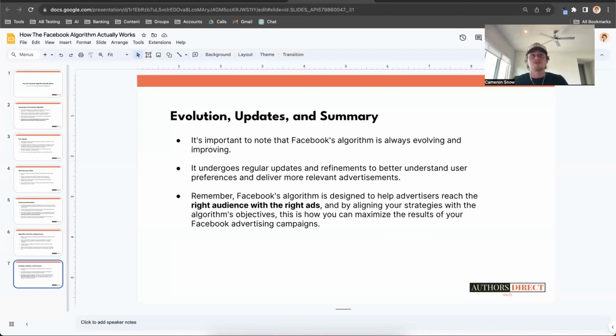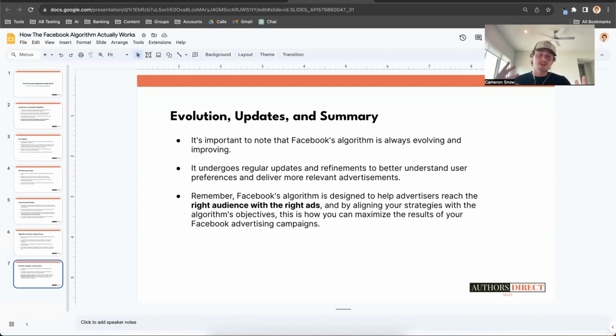If it wasn't, and it was just blindly putting ads out there, then essentially most ads would not perform. It would be a negative experience for the users as well. You would lose users, you would lose advertisers, and the platform would not work. It needs to be the right audience with the right ads. It's an absolute must. And this is how you can maximize your results with your Facebook advertising campaigns.